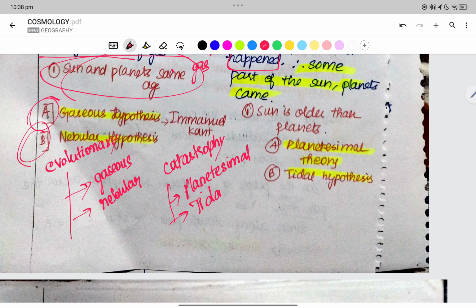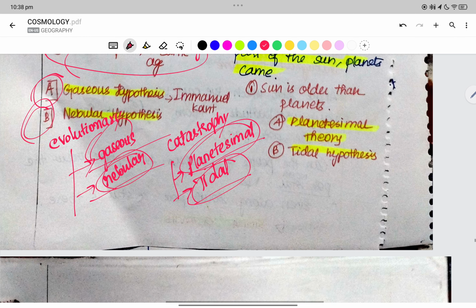Gas is what nebula also means, right? And for the catastrophic theory, planetesimal and tidal.